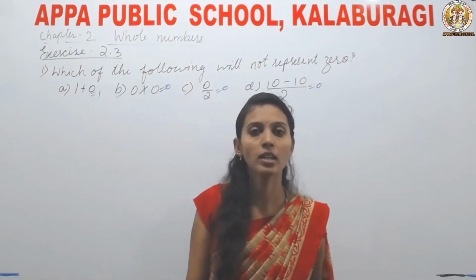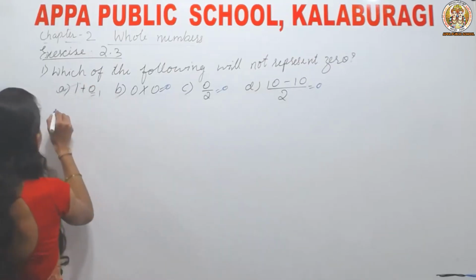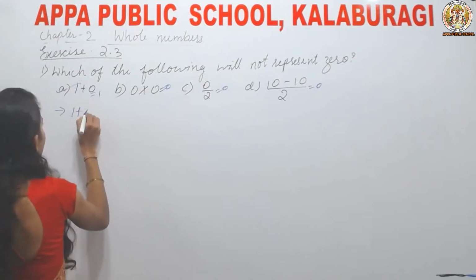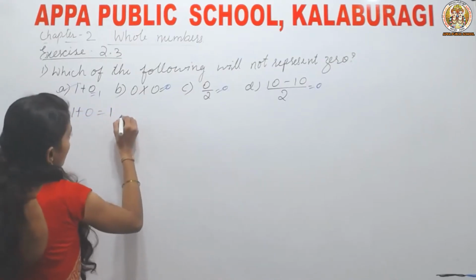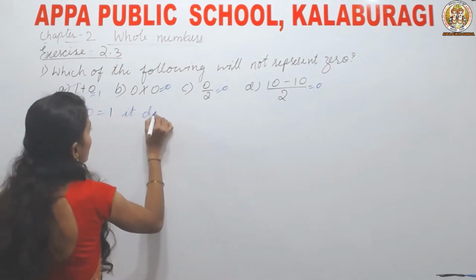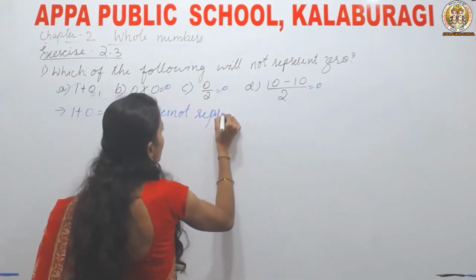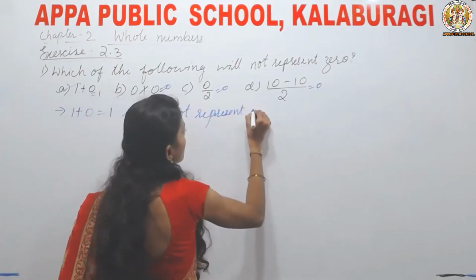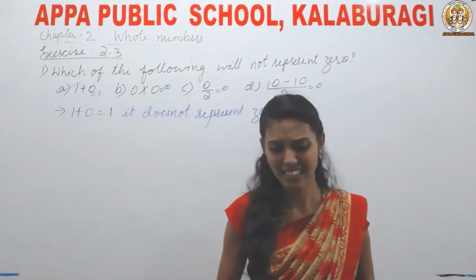So which one will not represent 0? This one, right? So therefore 1 plus 0 equals 1, so it does not represent 0. Over. Very easy, right?